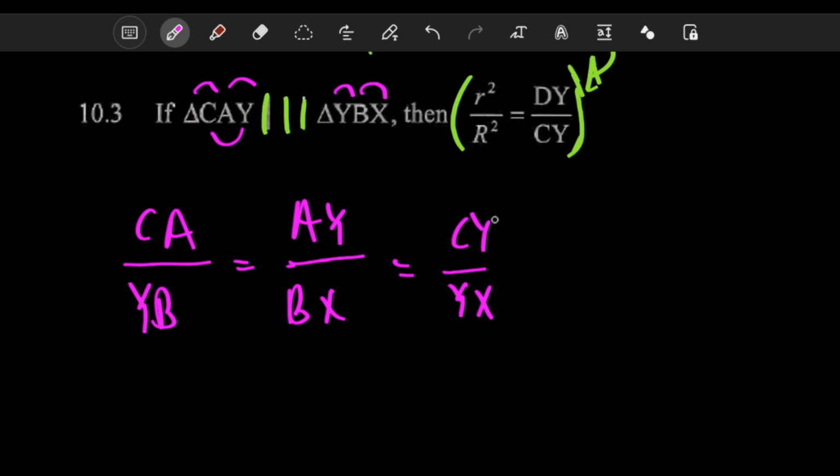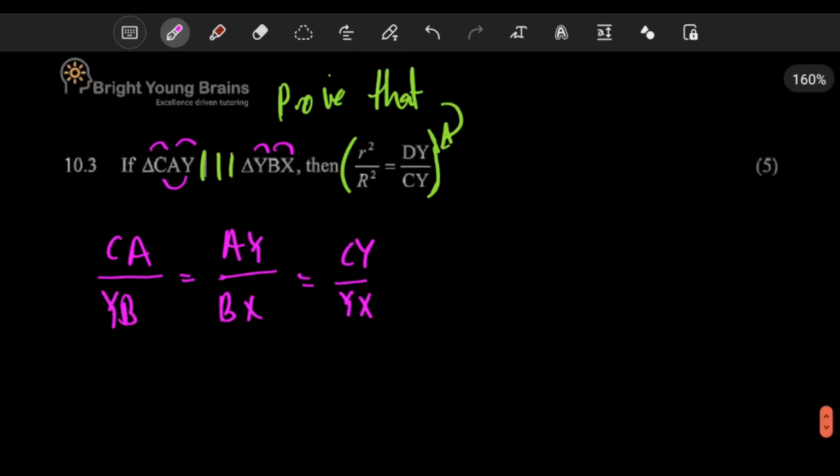The reason for writing all this is the proportionality of similar triangles, like we mentioned. That is what we are dealing with here. So let's put here: prop of similar triangles.